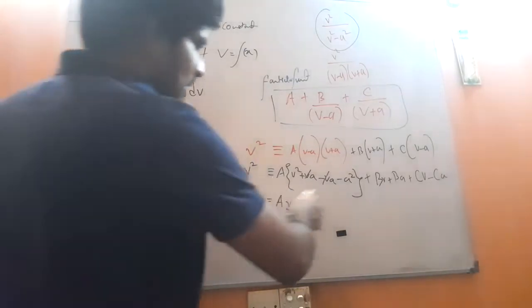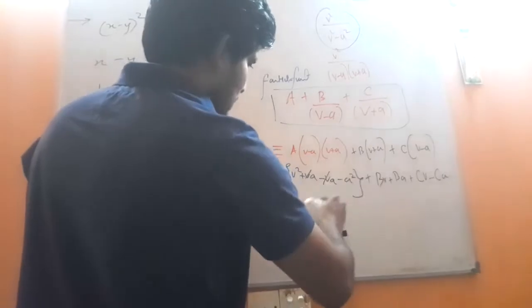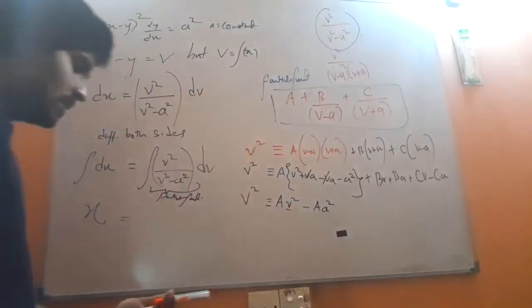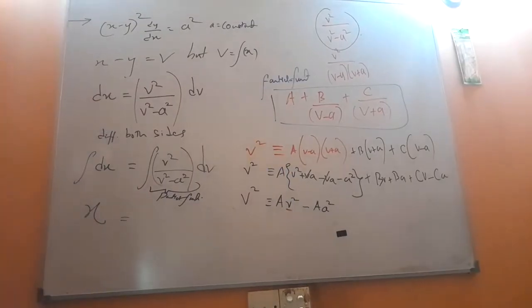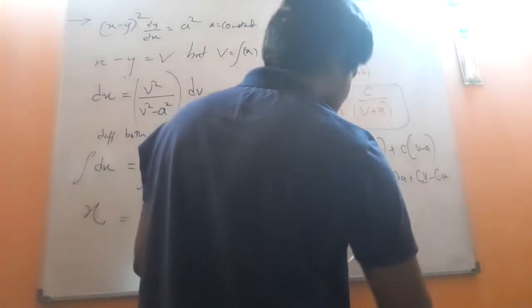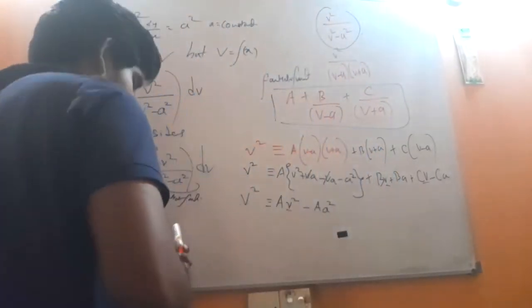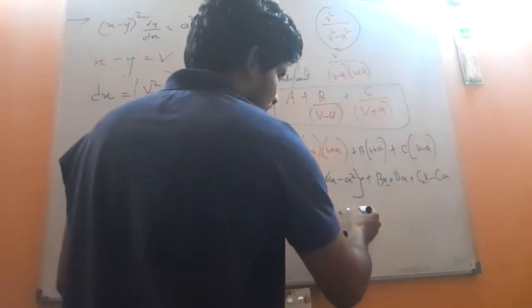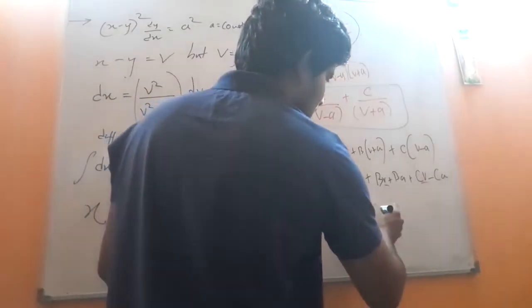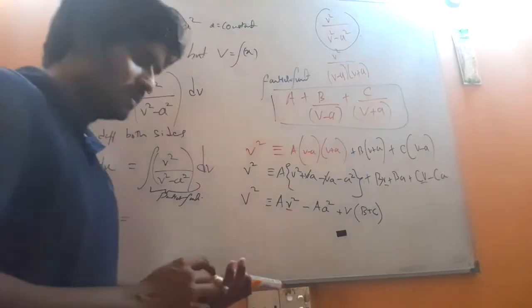That is easy in order for us to do the remaining calculations. Then A times this, minus a simple a squared, that is also done. Then here you can see bv, cv, so you can take v out of it, so v times b plus c, right? V times b plus c.